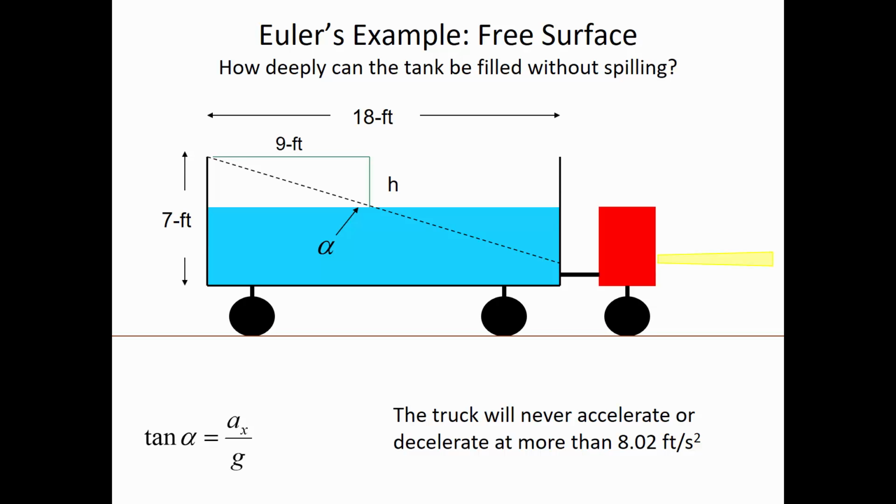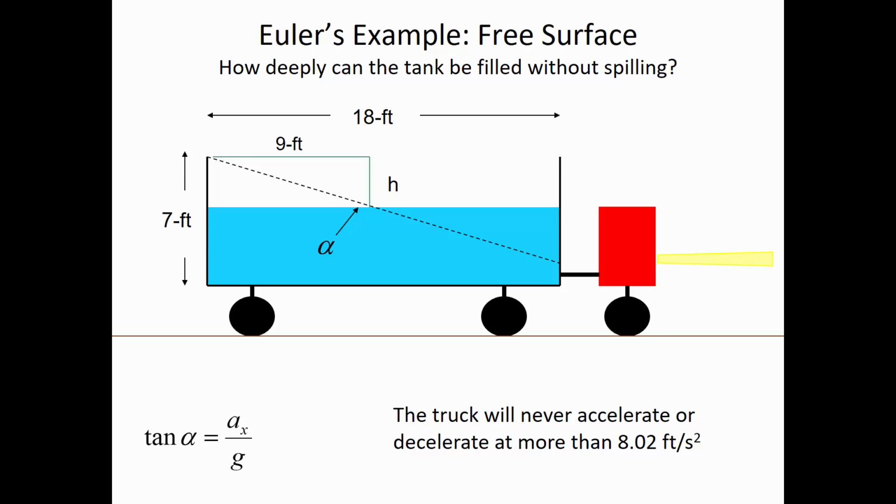So the ratio of h to the horizontal distance 9 is the same as the acceleration to g, meaning h to 9 is the same as 8.02 to 32.2. Either way, we solve that h is 2.24 feet.